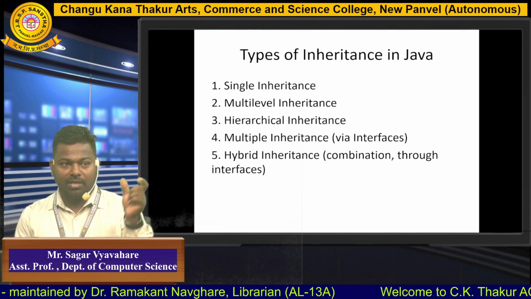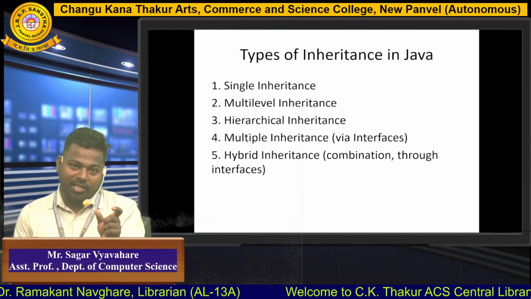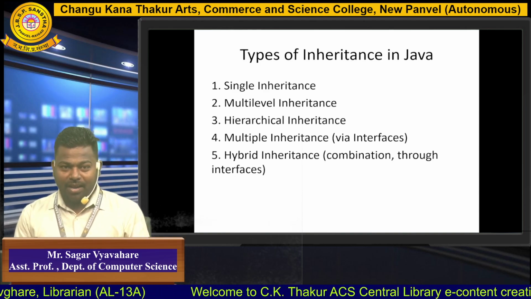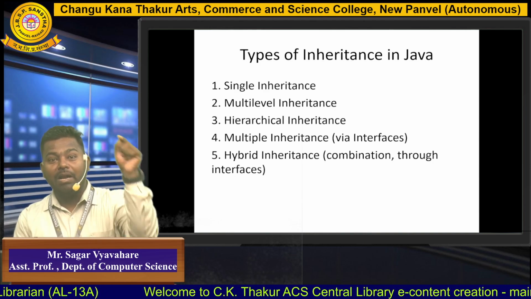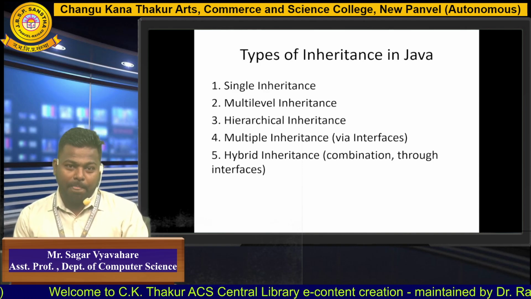Say class A is inherited by class B, and class B is also inherited by some other class, C. That is what is called multi-level inheritance. Multiple levels are there.